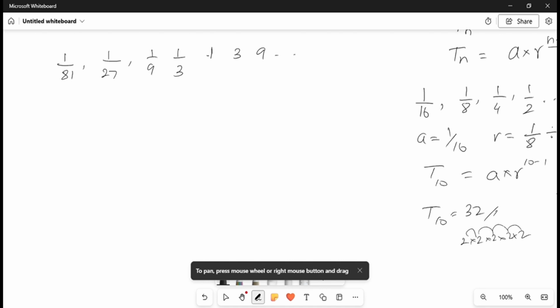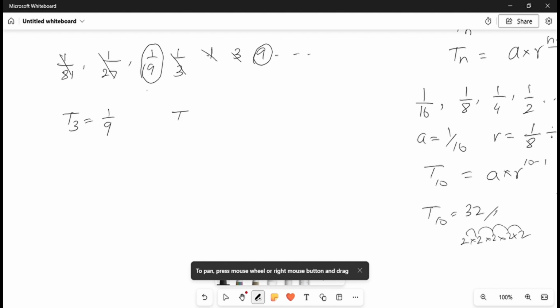It goes like that. Now I have given you the number pattern because we are going to prove an easy way. Now, without giving any of these terms, imagine these are all not given to you. You have been given only the third term, T3. T3 is given as 1 over 9.